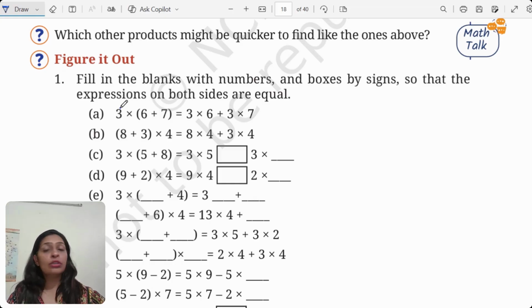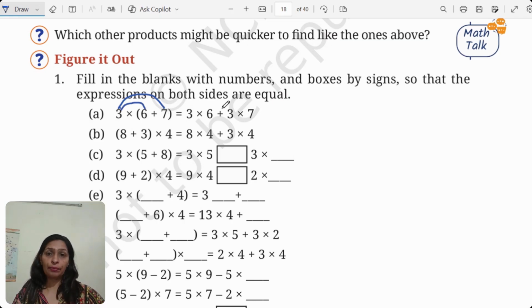So here I would like you to understand that whenever there is a number outside the bracket and we have to open the bracket, right? So what is going to happen is this 3 is going to first be multiplied by 6 and the sign here is plus, so plus has come, and also this 3 will go to 7 also.